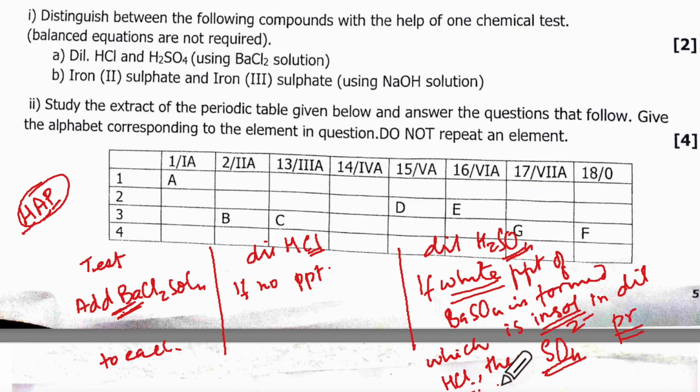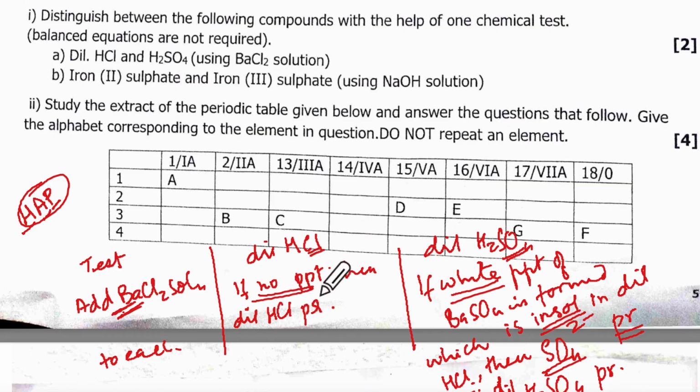Okay, therefore what you'll say, dilute H2SO4 present. So what you'll write over here, if no PPT, then I will say dilute HCl present. Understood how to write the distinguishing thing?